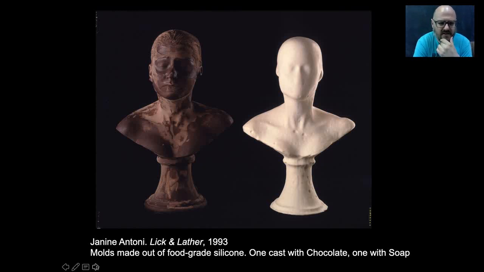And what she did was she licked the one on the left, the one made of chocolate, to kind of erode and deteriorate, just like a Roman bust, how it might look today. And the one on the right is soap, and she literally took a bath with this big, huge bust and rubbed it on herself to kind of blur the lines, just like a Roman imperial bust that over the course of time has been worn away or maybe lost to history.